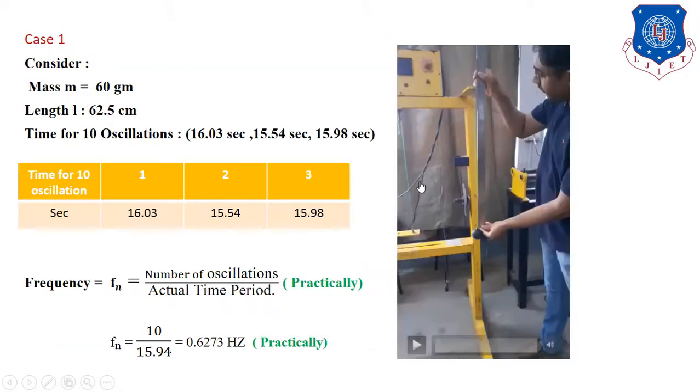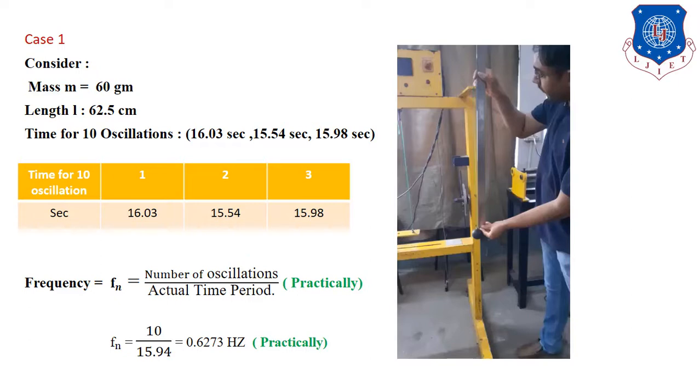So let's first consider case 1. In case 1, we consider the mass m equal to 60 grams, that is the mass of the bob, and the length of the string is considered as 62.5 centimeters.